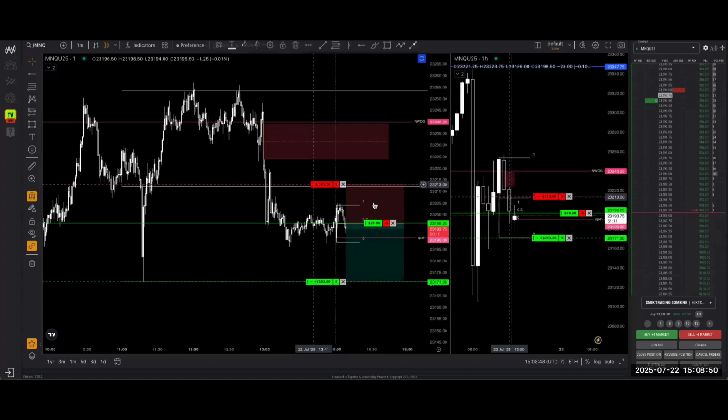Oops. So it is a 1.4 risk to reward, risking 167 to get 250.